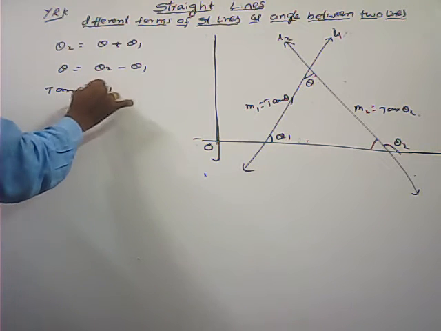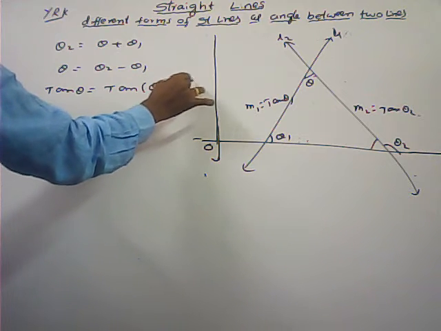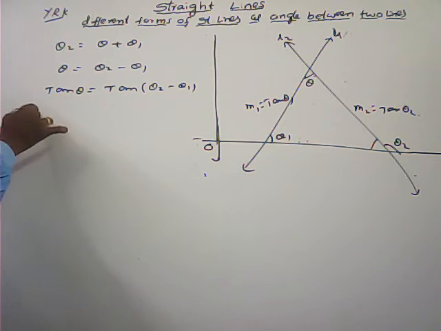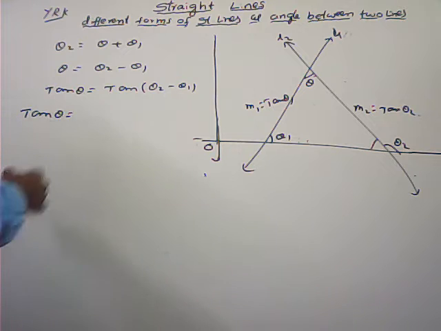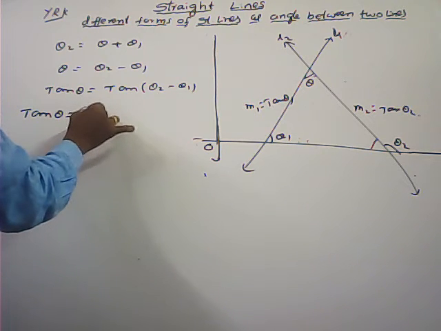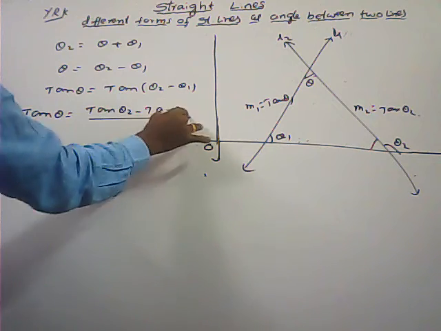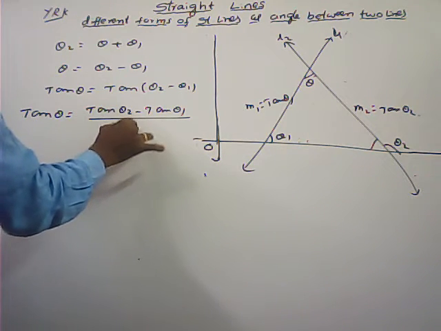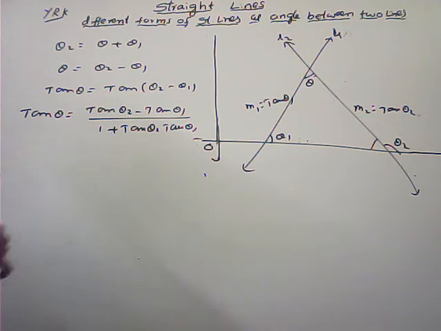I am taking tan on both sides. Tan theta is equal to tan of theta 2 minus theta 1. Tan of A minus B is tan A minus tan B by 1 plus tan A tan B, so tan theta is tan theta 2 minus tan theta 1 by 1 plus tan theta 2 into tan theta 1.